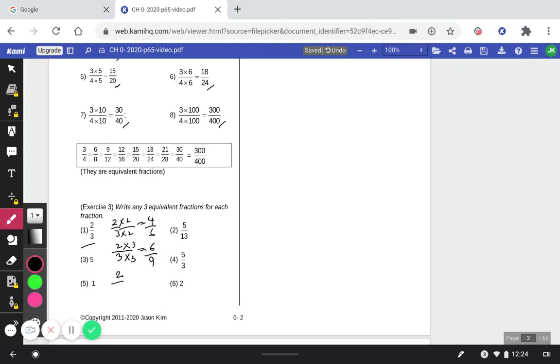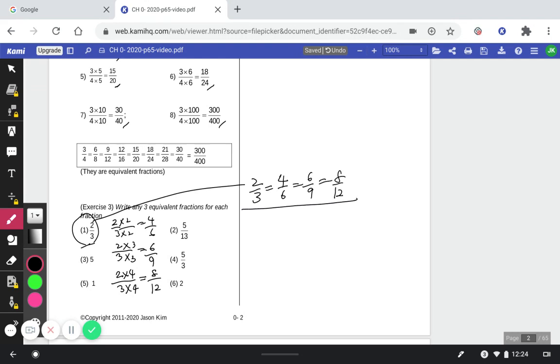If I multiply 2/3 by 4 over 4, 4 in the numerator and 4 in the denominator, I get 8/12. So 2/3 and 4/6 and 6/9 and 8/12, they are all equivalent fractions.